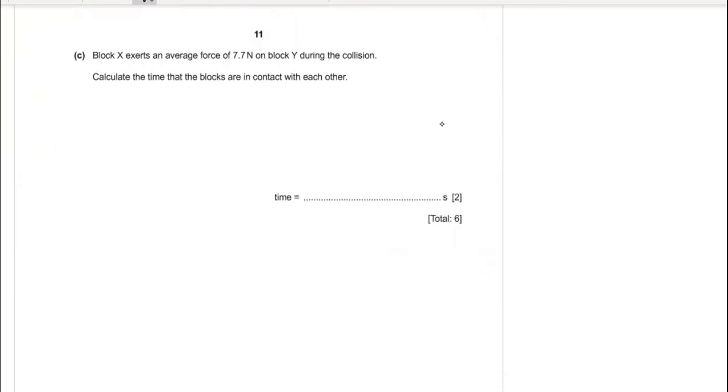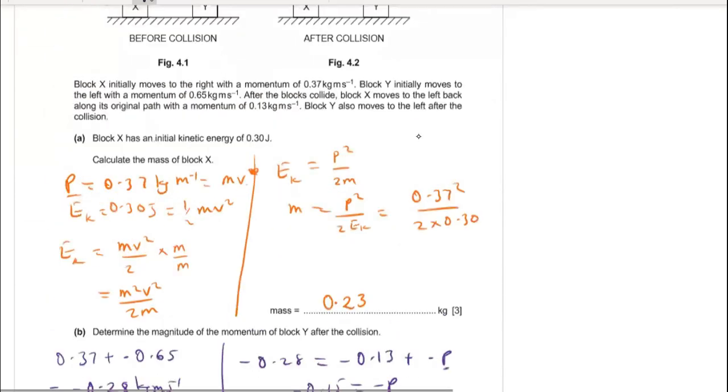Block X exerts an average force of 7.7 newtons on block Y during the collision. Calculate the time that the blocks are in contact with each other. So we want to see how force and time are related, but of course that is through momentum or impulse. So we know that the resultant force is given by change in momentum over the time taken for that change of momentum during the impulse. Changing momentum for X, let's look at the diagram.